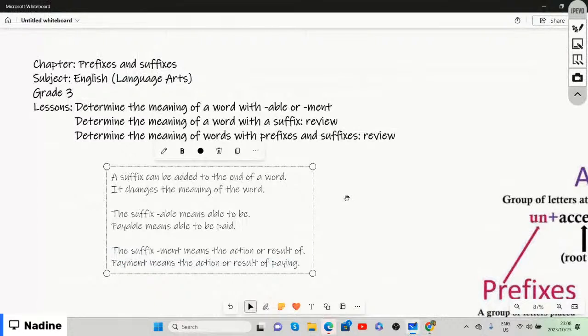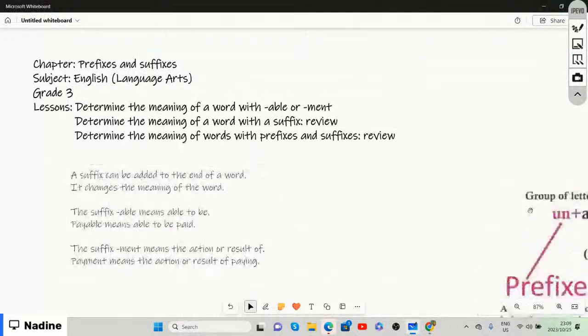We have the base word or root word that can basically stand on its own, and then we add letters at the end of that base word or root word, and it changes the meaning of that word. So a suffix can be added at the end of a base word or a root word, and it changes the meaning of a word.